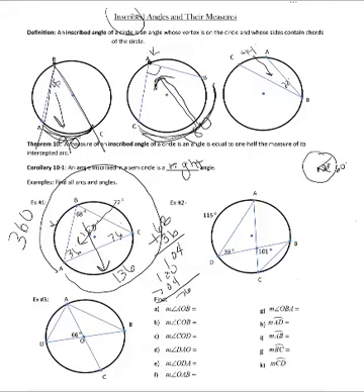So if you were to take 360 degrees, if I've got 72 for this arc, and I've got 136 for this arc, if I subtract them from 360, I believe I get like 152. That's my arc. Cut 152 in half, and you get 76. So that's another way to check it.